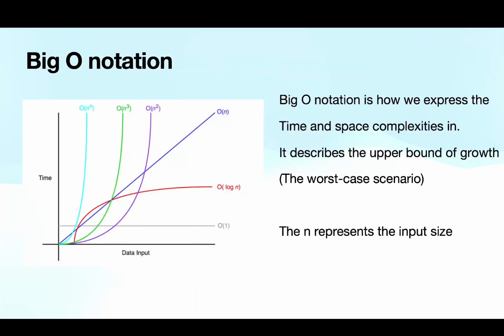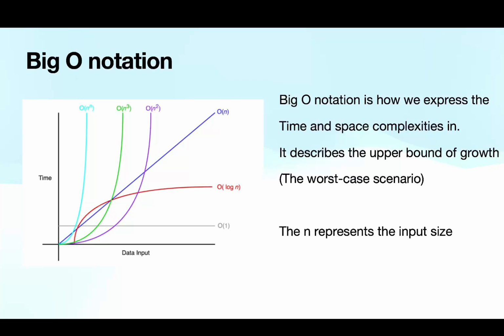So how do we measure this? Well, we use the big O notation. So the big O notation is how we express the time and space complexities in. It describes the upper bound of growth, or the worst case scenario, where the n represents the input size.